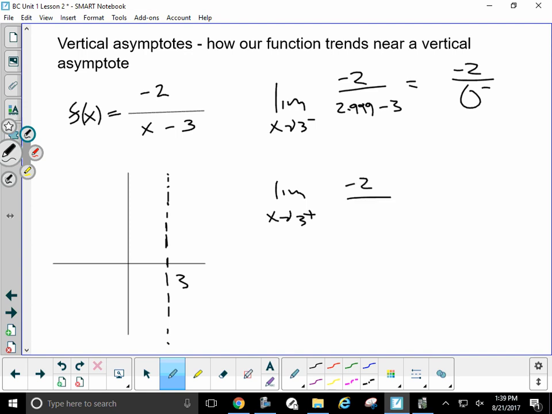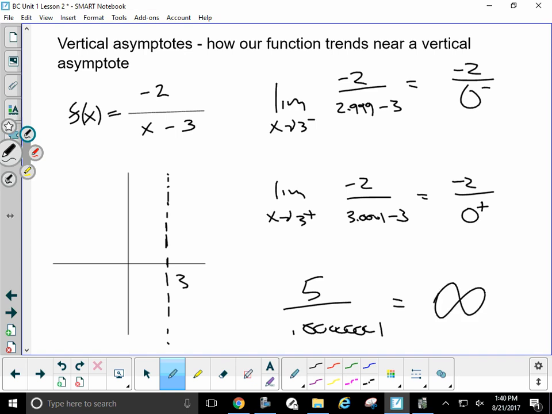Here, if I use 3 to the right, that's going to be like 3.0001. If I subtract 3, it's going to be -2 divided by something that is close to 0. But since it's a little bit bigger than 3, 3 minus 3, I'm going to say that's positive. Now, again, if I have something divided by something infinitely small, what's this going to be?